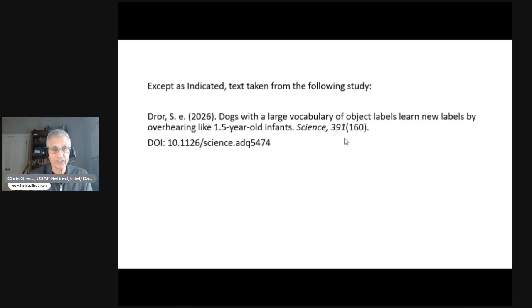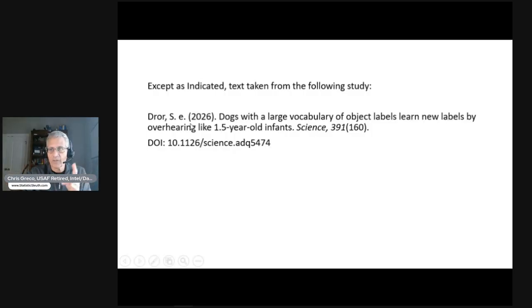If I were the study people, I would have said something like, no, it's not every dog and it's certainly not any dog. It's a specific set of dogs. So we have to take a look at "dogs with a large vocabulary of object labels." That is your population of dogs that you're going to sample from.